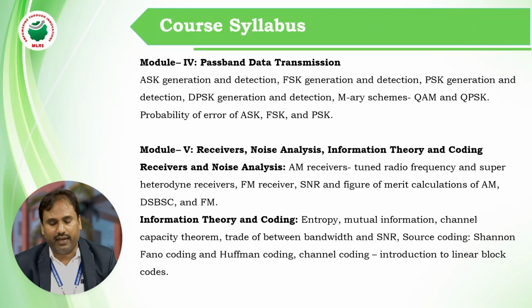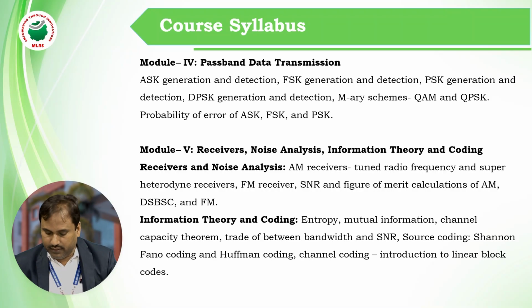Now module number 5. This entirely covers the receivers and transmitters and the noise analysis in communication systems in both analog and digital cases, and we study information theory and coding. Information theory and coding is a vast syllabus, but we try to learn what the channel encoding techniques and source encoding techniques are, so that we study at least that in this unit.